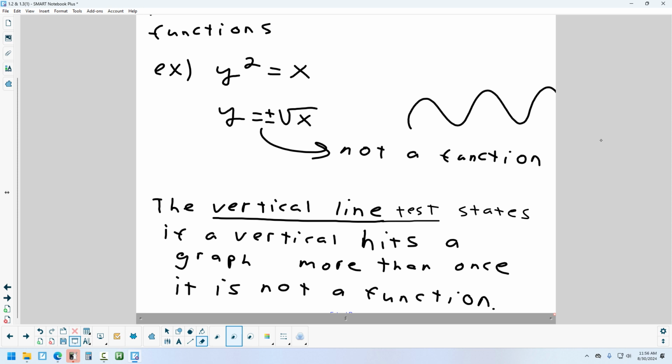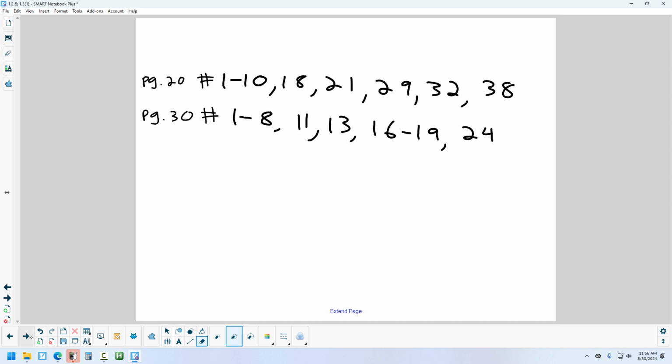All right, so I need to double check the homework because I think there was a question I was supposed to cross off. Page 20, that's the first thing we did, like finding the car rental problem, making an equation, that kind of stuff.